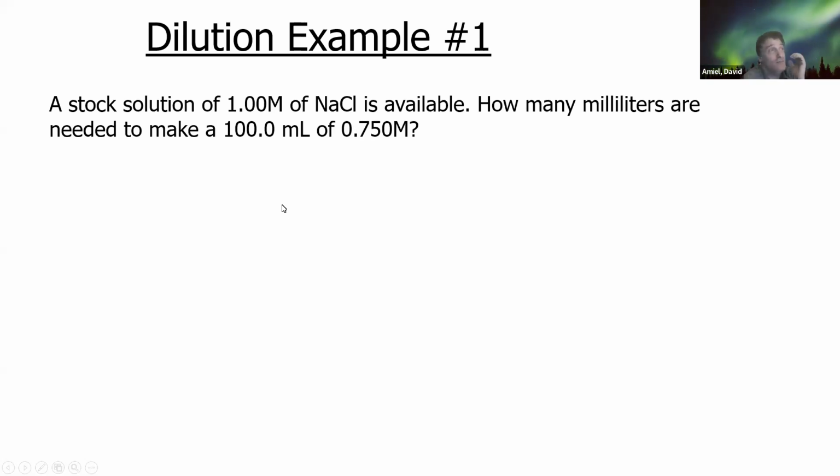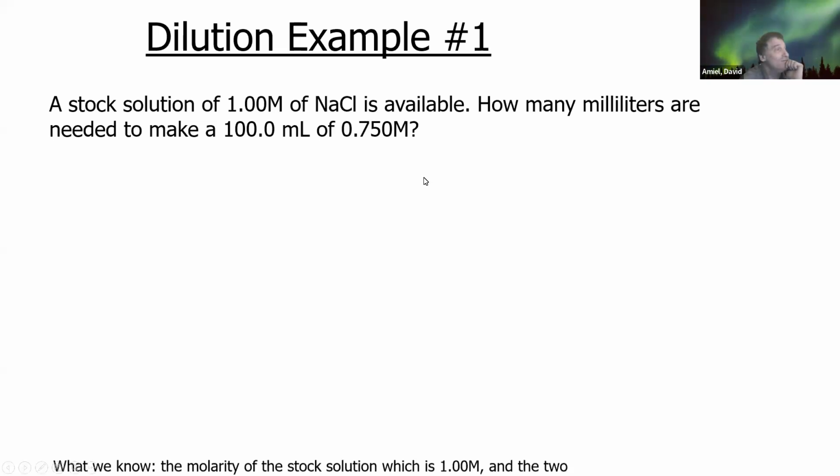And the second step would be write down the dilution equation and then look at which variables do I have, which variables am I missing, and isolate that variable doing the algebra, plug in the numbers, check your sig figs. And Houston, we have an answer.